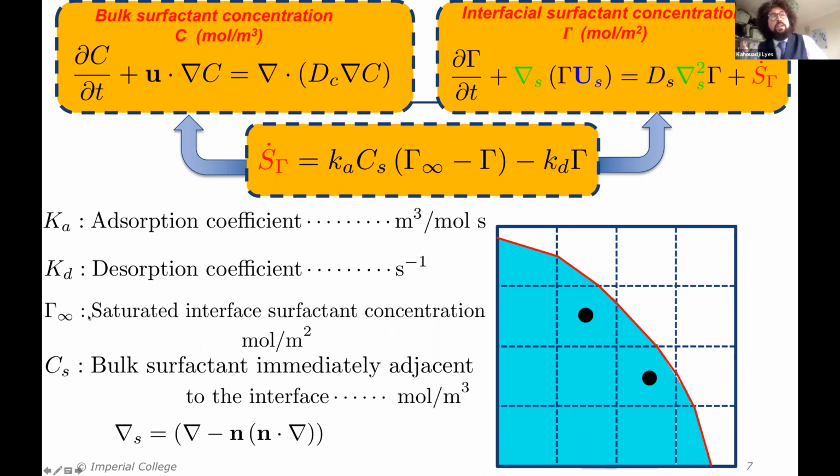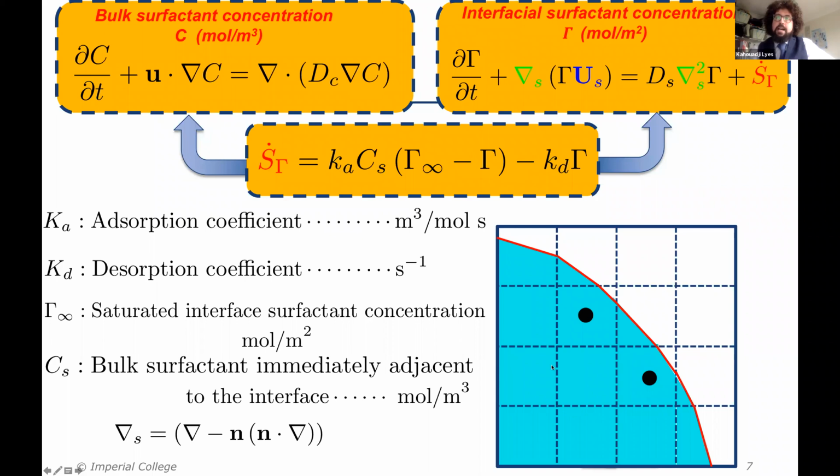We have also the maximum packing, the gamma infinity. This is what we call the maximum packing, and it is the maximum concentration that the interface is able to handle. And there is also the adjacent Cs in this formulation. It's the bulk surfactant immediately adjacent to the interface.